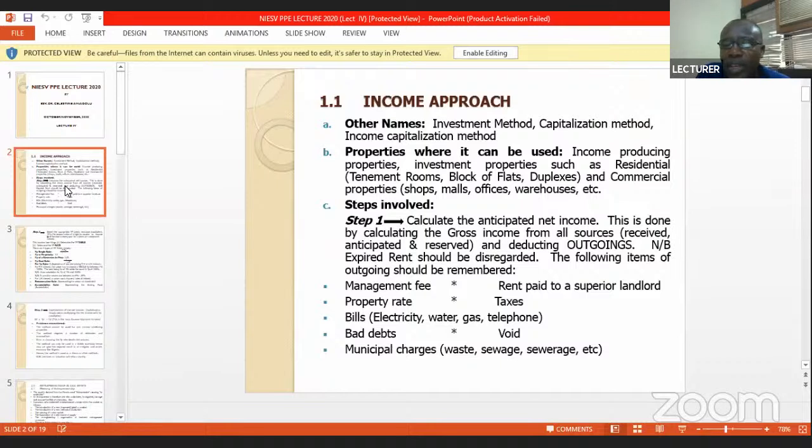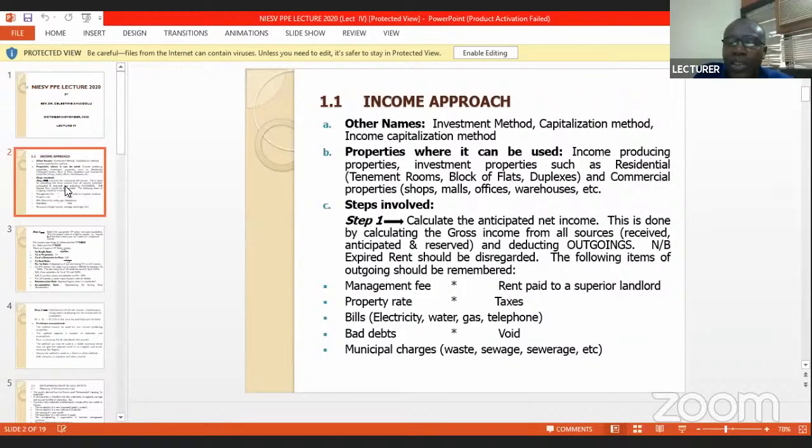Then, in doing valuation again, you must differentiate between rent received, rent reserved, and the anticipated rent that is to come in the future. All these must be taken into consideration in determining the gross income. Whether it is rent you have already received, rent that is reserved, or rent that is anticipated, you must add all of them to arrive at the gross income.